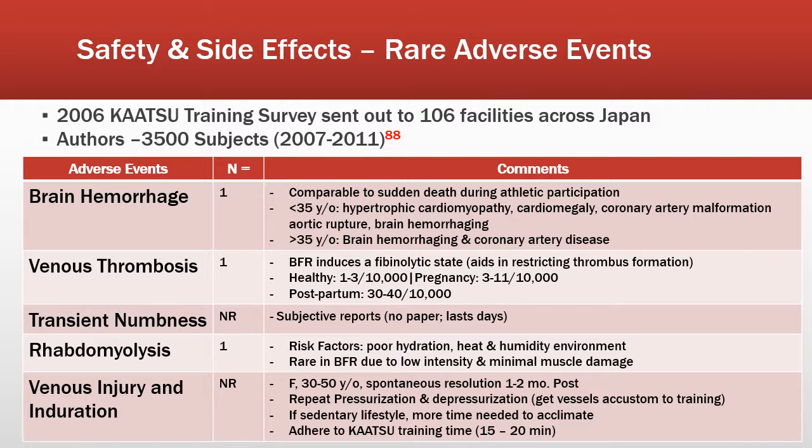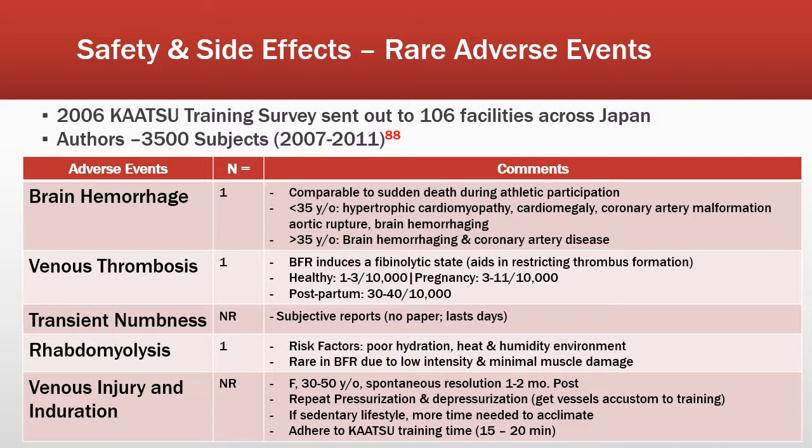35 years old, hypertrophic cardiomyopathy, cardiomegaly, coronary artery malformation, aortic rupture, brain hemorrhaging. These are all risks of physical exercise in general. However, they were unable to make the conclusion as to whether it was the Kaatsu training that actually caused it, or whether this was simply the sudden cardiac event or brain hemorrhage that may have otherwise occurred.